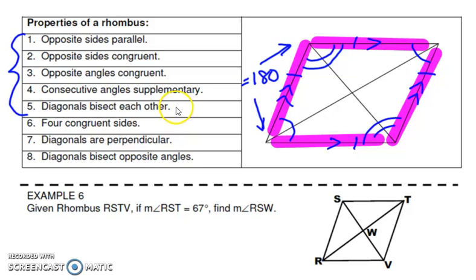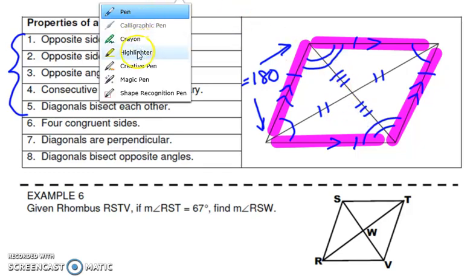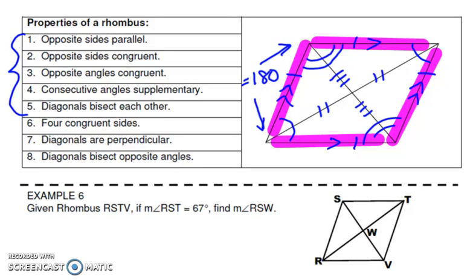The diagonals bisect each other like they did in the other ones, and now the diagonals are not congruent anymore like the rectangle because the shape is tilted. So I do have to show that my 2 diagonal halves are different, except they're the same as the other half in the same diagonal. So if I'm going to color code, I need to use 2 colors for these diagonals.